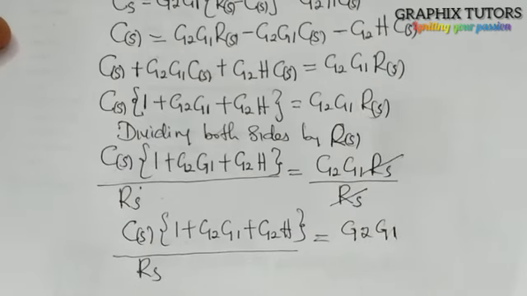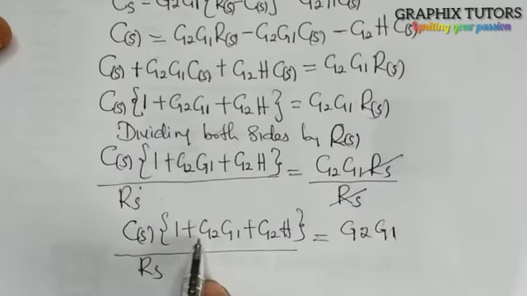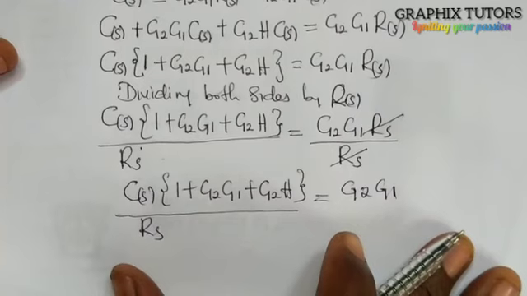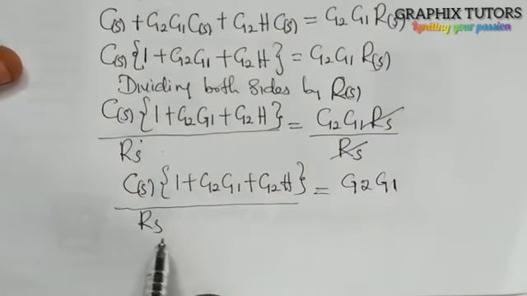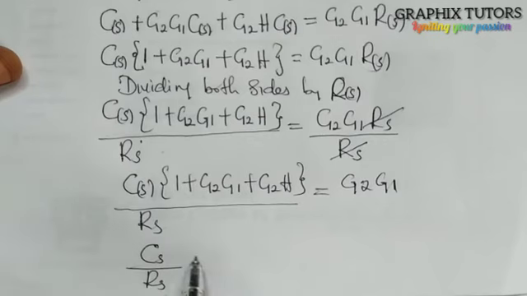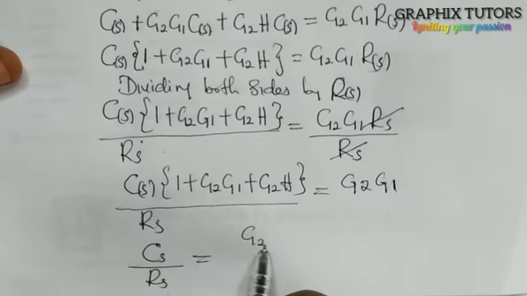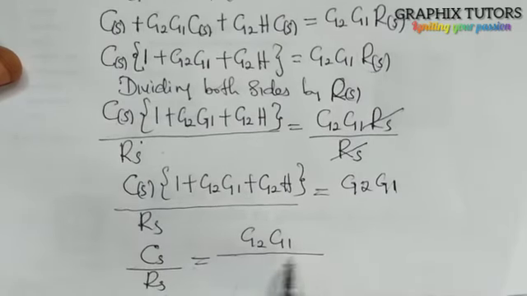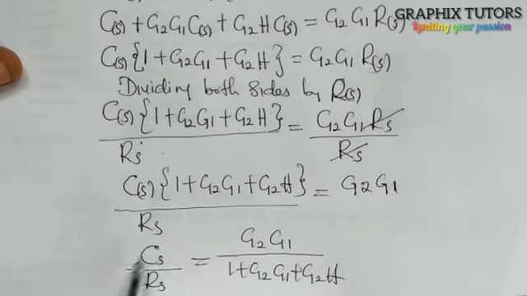Now the next thing you do is divide by this. If you divide by that, what will be left is C(s) over R(s) equals G2G1 all over 1 plus G2G1 plus G2H, when you divide both sides by this, right? So this is what we're having.